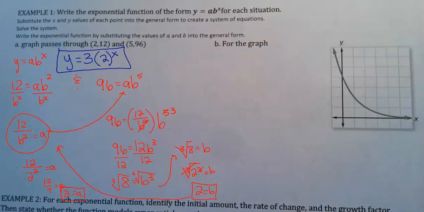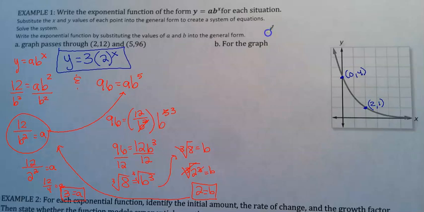Okay, for B then, we're going to do the same thing, but we're going to use the graph. So we need to pick out some points. So 0, 4 is a great point to use. And 2, 1 is a nice solid intersection we could use. We're going to write those initial equations in the general form.